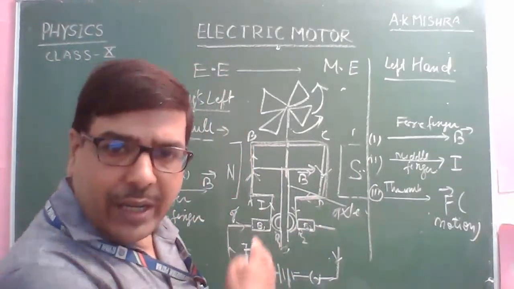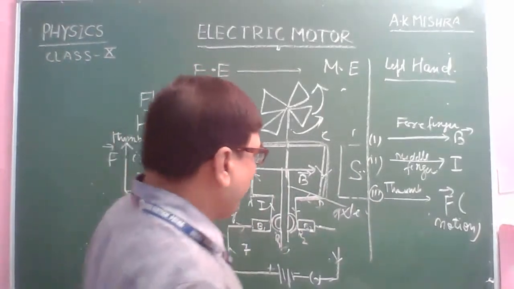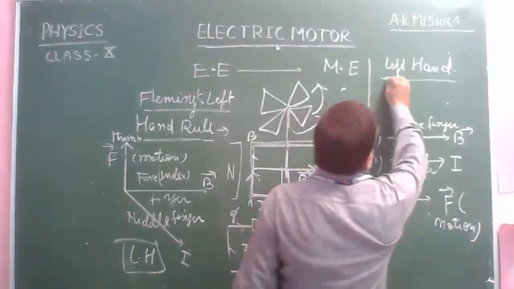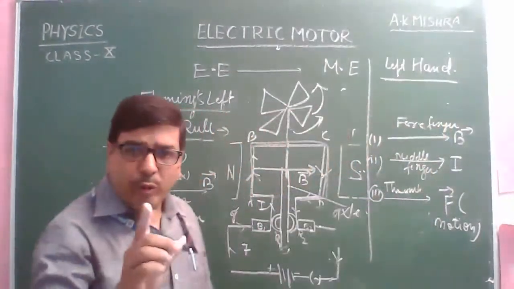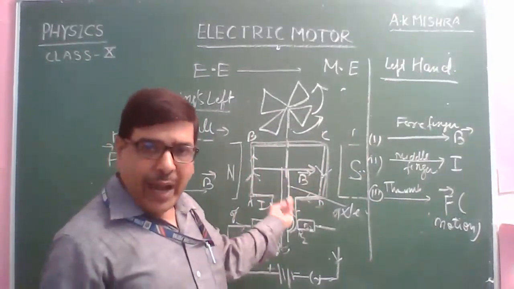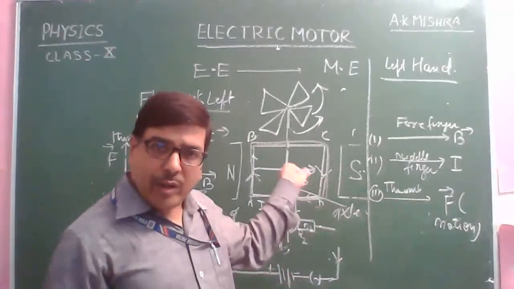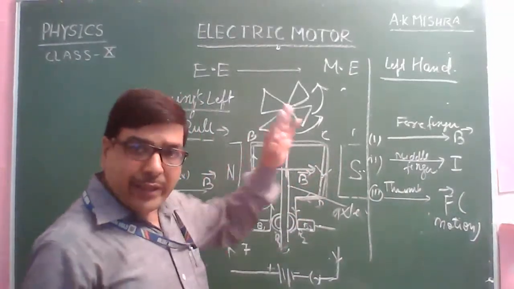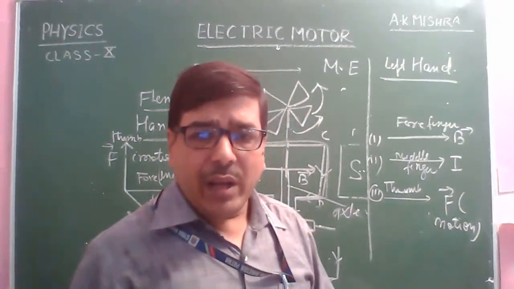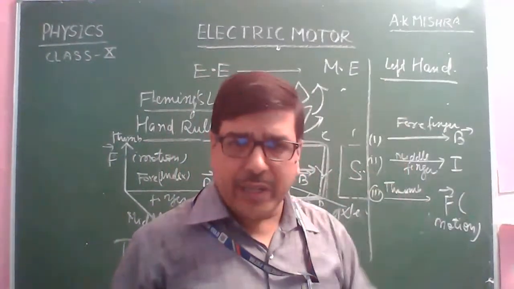This is a very important part, so students, don't forget to write left hand. It is the left hand rule. The right hand rule is different; that was also deduced by Fleming, and it is applied in the generator for electromagnetic induction.